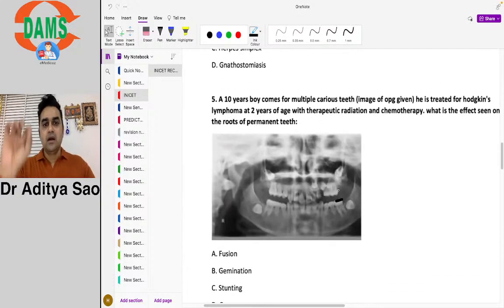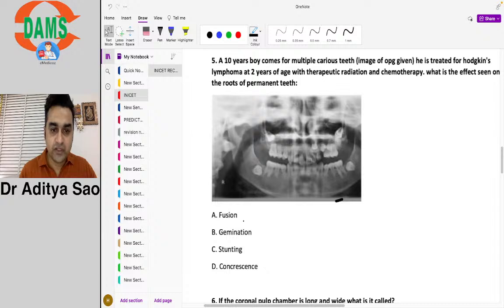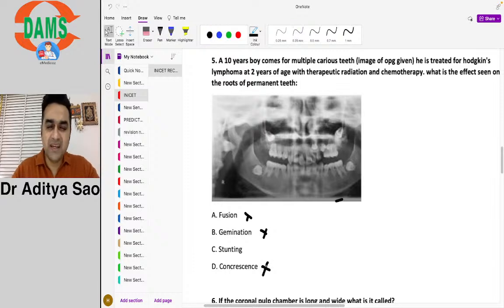Next is a 10-year-old boy who comes with multiple carious teeth. There are multiple carious teeth in this OPG. He was treated for Hodgkin's lymphoma at 2 years of age with therapeutic radiation and chemotherapy. What is the effect seen on the roots of permanent teeth? Option A is fusion, option B is gemination, option C is stunting, option D is concrescence. Fusion, gemination and concrescence are most commonly genetic.